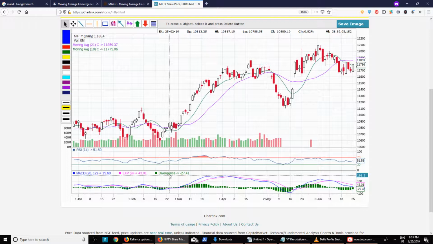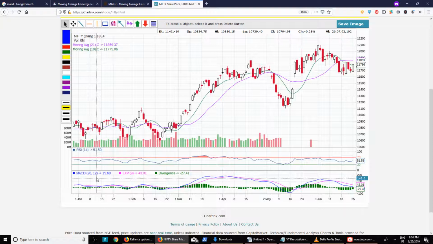This is written as divergence, and this is known as the histogram. I will explain it to you one by one. These are the three components which you have to understand.